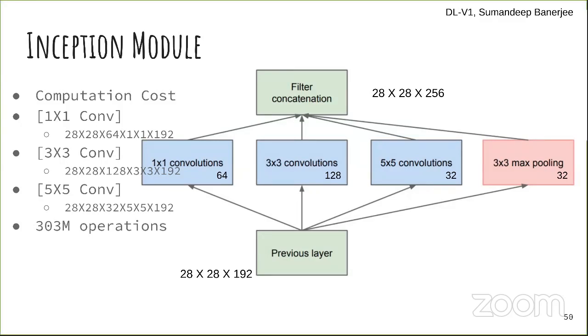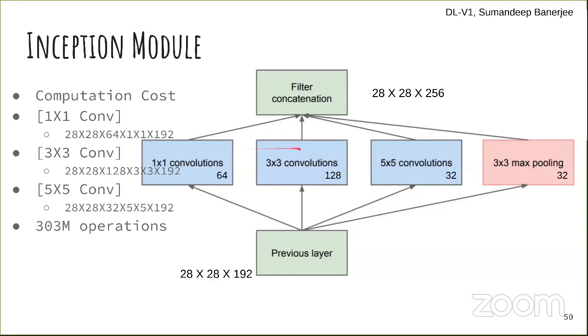So now we'll see the amount of computation involved. For this 1 cross 1 operation, 64 filters from 192, it computes 64 1 cross 1 convolutions. This is the total number of operations, basically the multiplication and addition operations to be done to apply this filter.